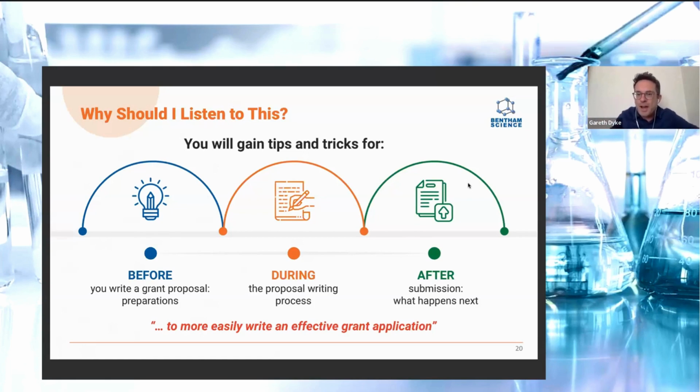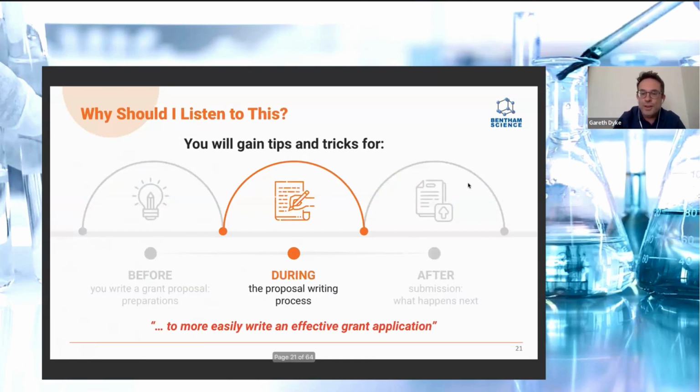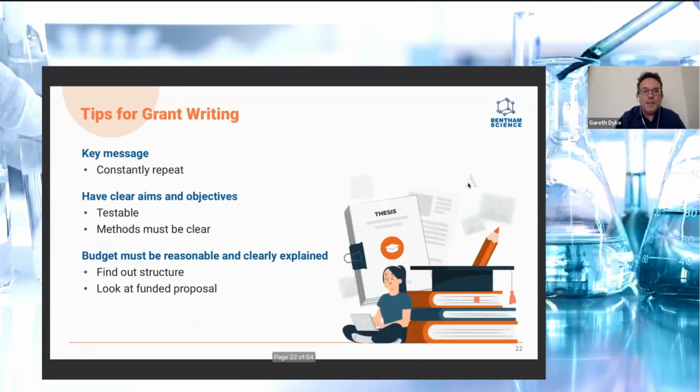Let's talk a little bit now about the writing process itself: issues to consider when you actually put the proposal together during the grant writing process. Again, our goal with this training is to help you be more effective, to give you the highest possible chance of getting your work successfully funded.